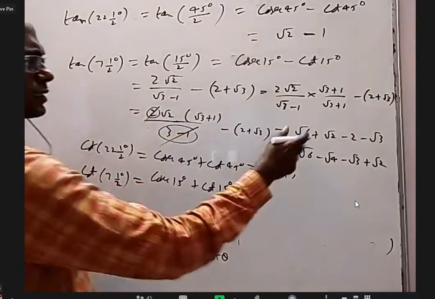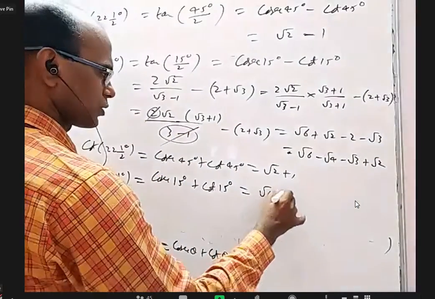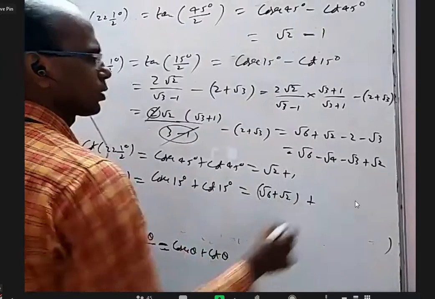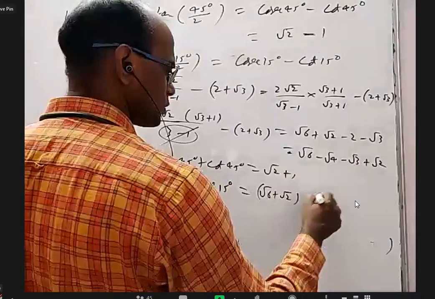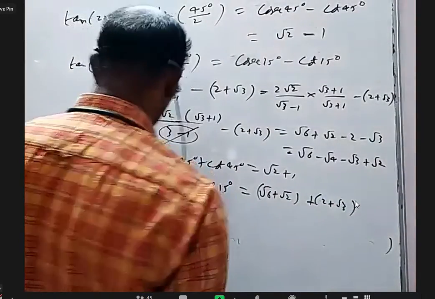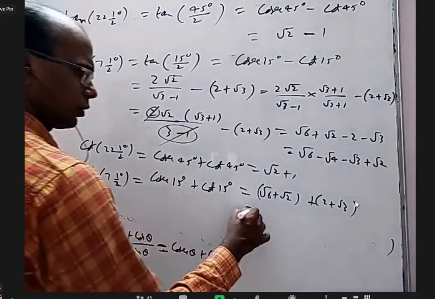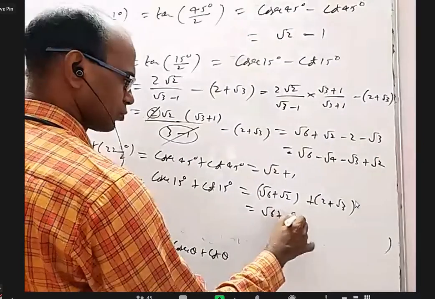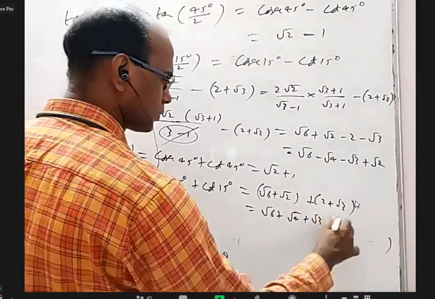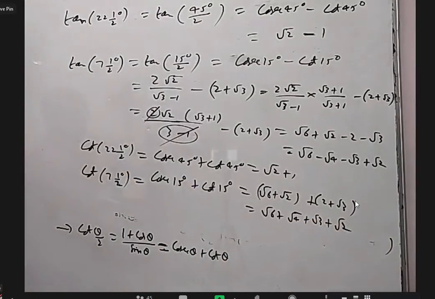Cosecant 15 is already rationalized, I'll just use that: root 6 plus root 2. Cot 15 is 2 plus root 3. So here it is all positive: root 6 plus root 3 plus root 2 plus 2.